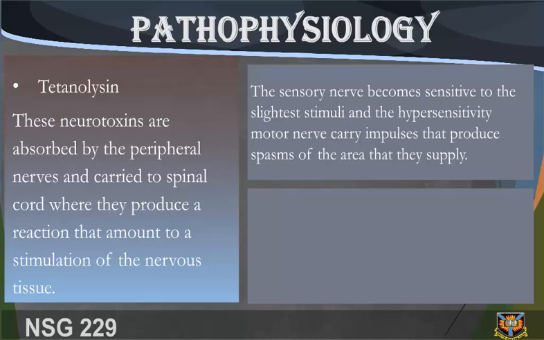These neurotoxins are absorbed by the peripheral nerves and carried to the spinal cord, where they produce a reaction that amounts to a stimulation of the nervous tissue. The sensory nerve becomes sensitive to the slightest stimuli, and the hypersensitive motor nerves carry impulses that produce spasms of the area that they supply.